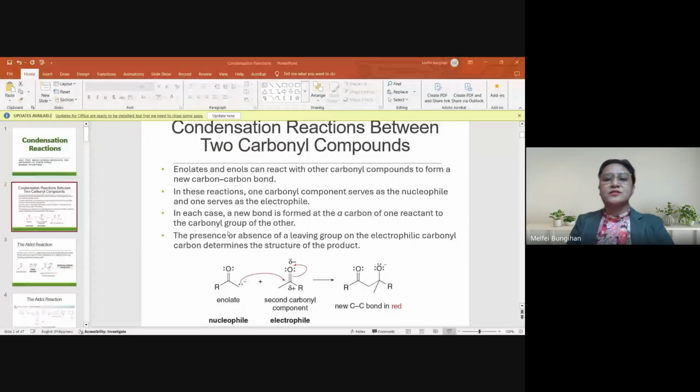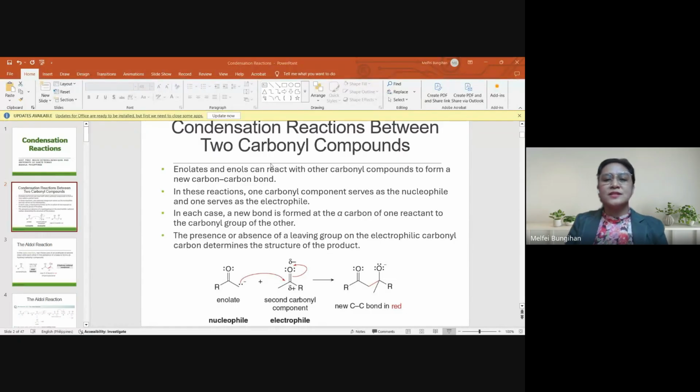So this is resonance stabilized, and there is now what we call a nucleophilic attack. This enolate becomes a nucleophile because of the presence of your electrons here. This becomes electron rich, and so it will go to any carbon that is a cation, so electrophilic.